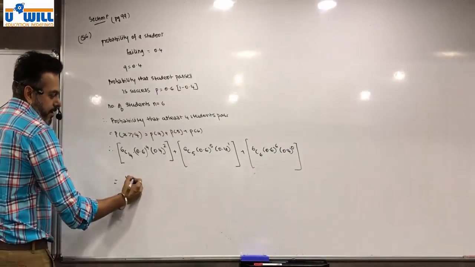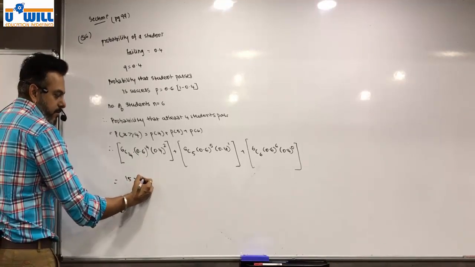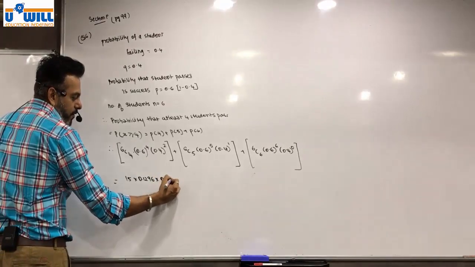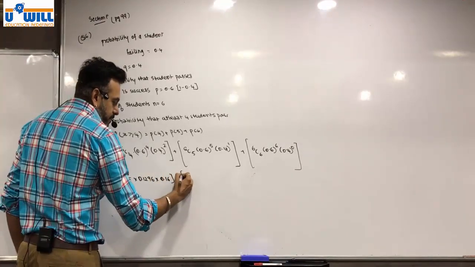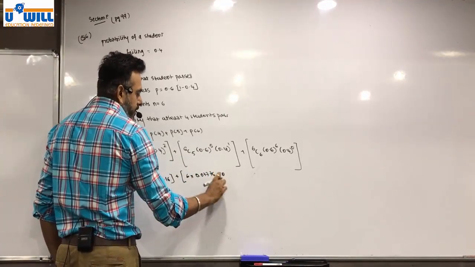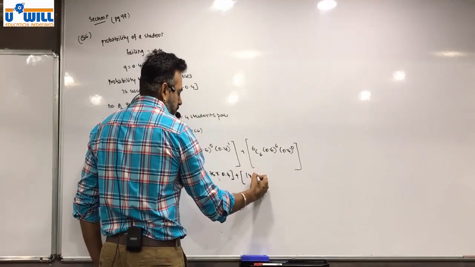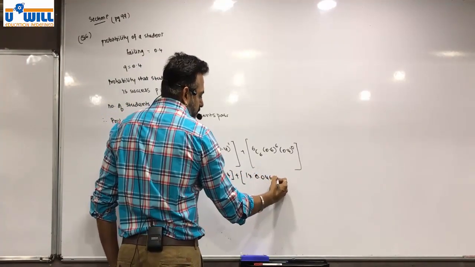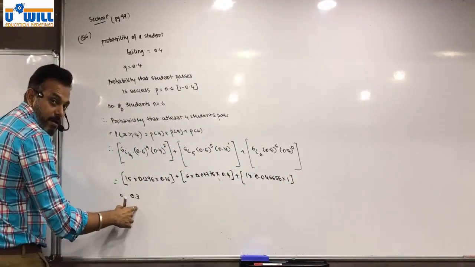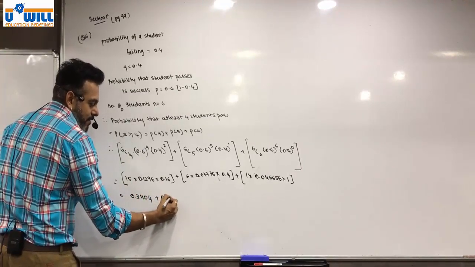15 into 0.6 raised to 4, that is 0.1296, into 0.4, so 0.5184 plus 6 into 0.6 raised to 5, which is 0.07776, into 0.4, plus 1 into 0.046656 into 1, which is equal to 0.31104 plus 0.186624.